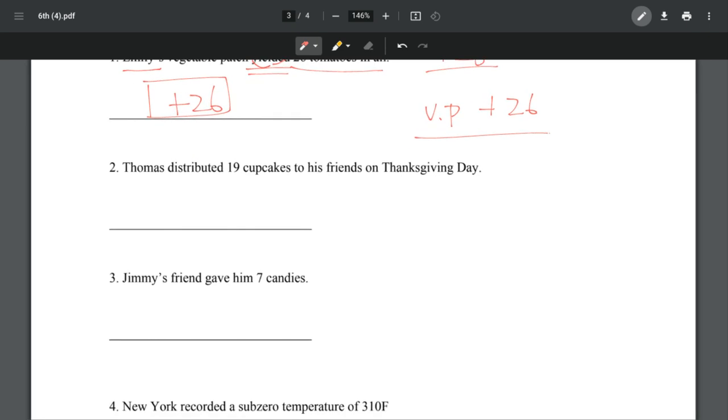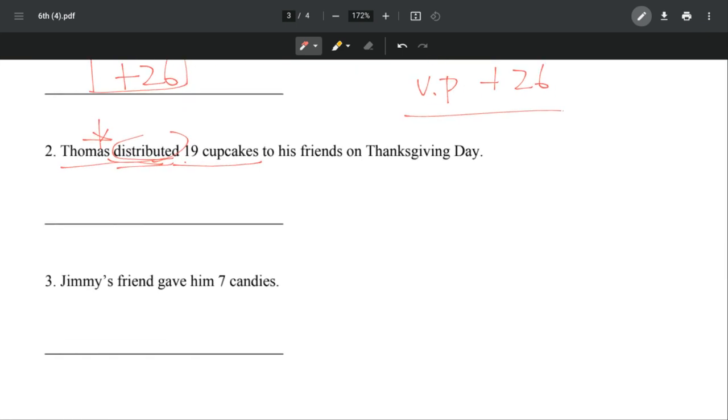How about number 2? Thomas distributed 19 cupcakes to his friends on Thanksgiving Day. Okay, so that's our keyword. That's kind of excessive information there, right? The thing like he distributed on Thanksgiving Day. What we've got to focus on is the keyword, which is distributed, right?